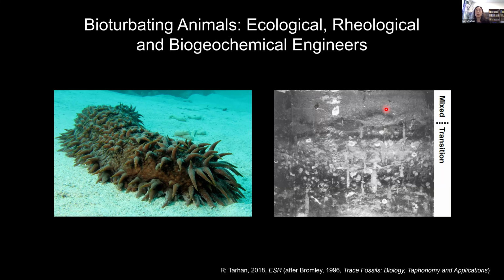And due in part to this potent combination of rheological and biogeochemical effects, bioturbators in turn strongly influence the structure of seafloor communities. And one of the questions that my group is very interested in is, if we look back in the geologic past, do we see similar evidence for bioturbators serving as critical ecosystem engineers?